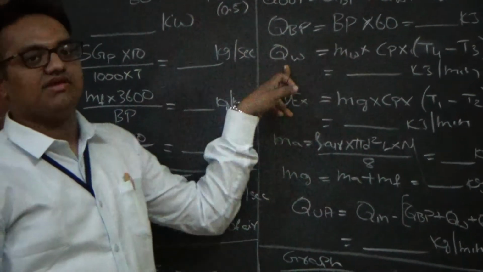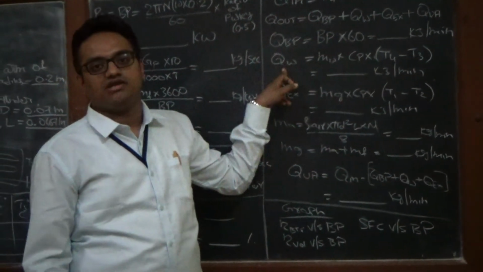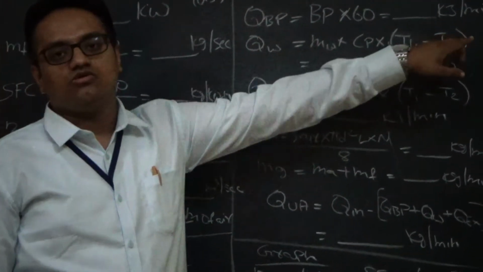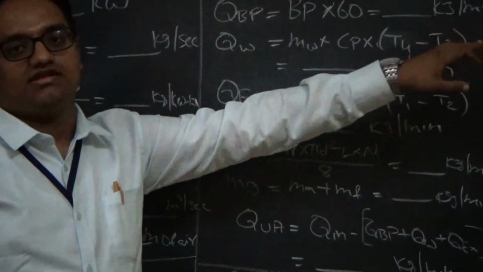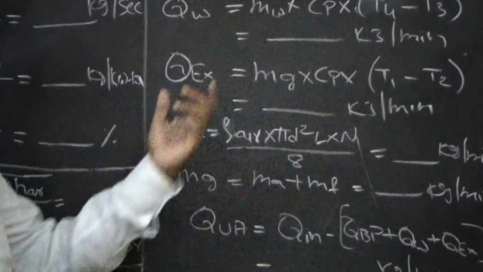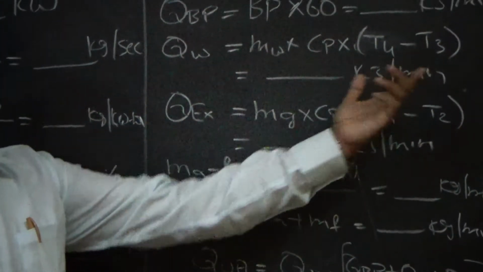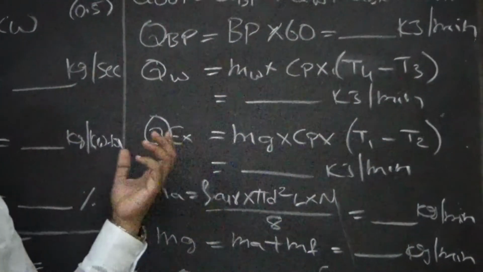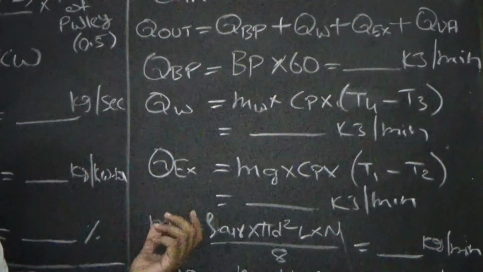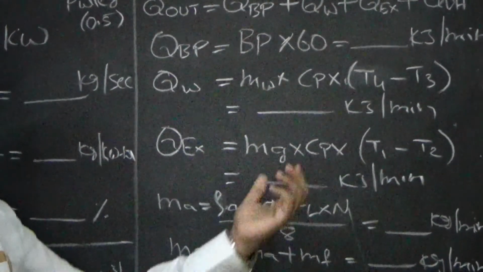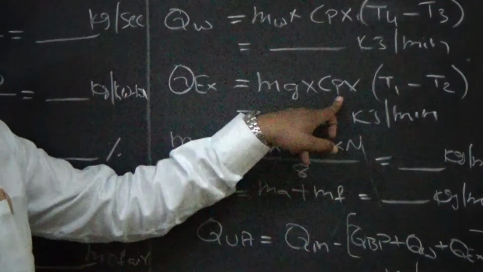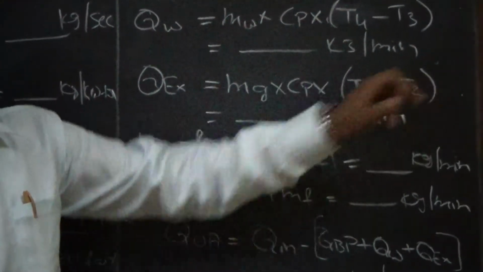Following that, the heat equivalent to the water being taken away is mass of water, Cp of water, into T4 minus T3, the difference between hot water and cold water. That should be in kilojoules per minute. Following that, we have the heat carried by exhaust gas. It's mass of gas times Cp of the gas; we take it as air, Cp of air, into T1 minus T2.